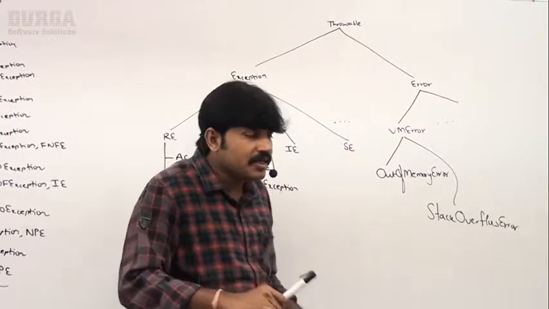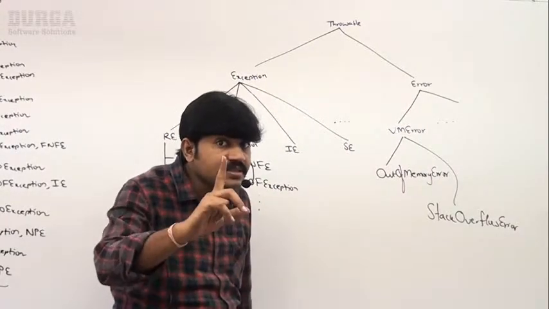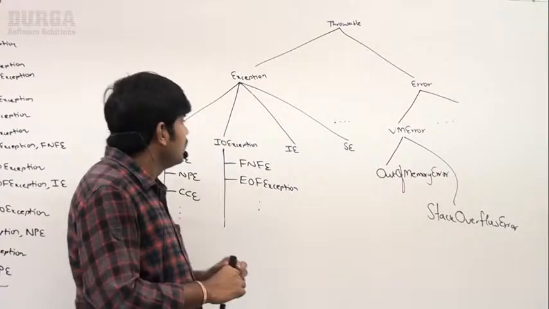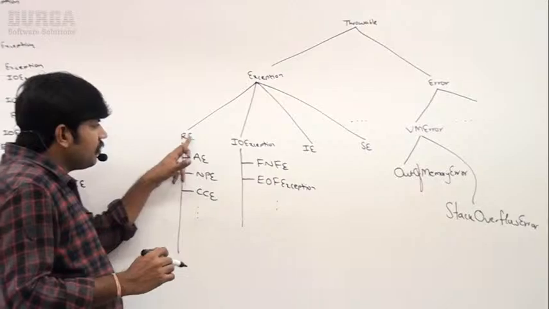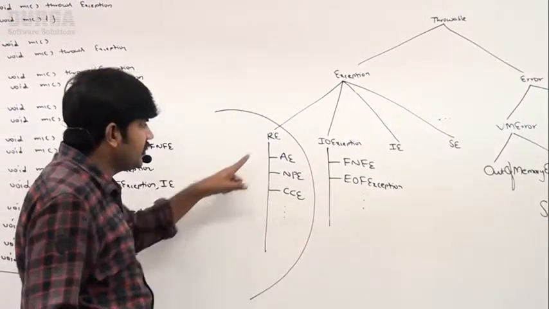Among these, which are checked exceptions and which are unchecked exceptions, there is a clear division. What is that division? Observe very carefully, sir.